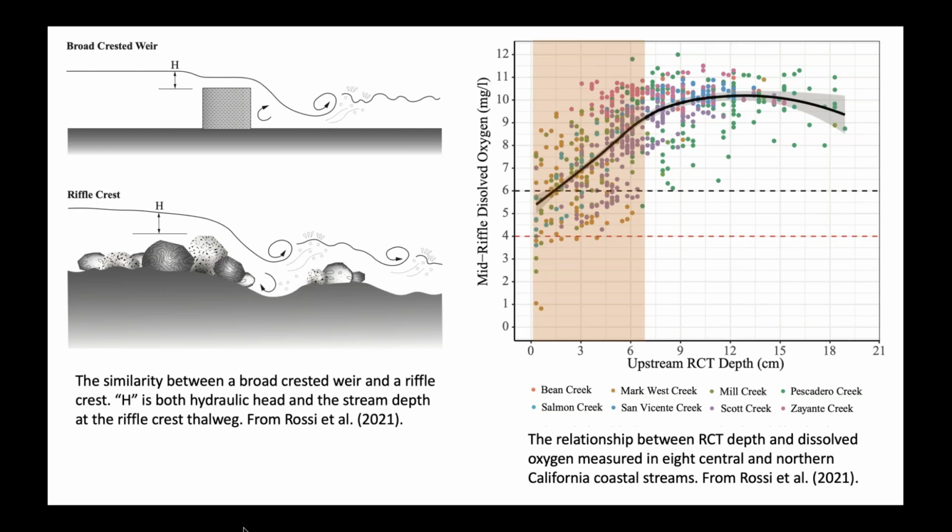Digging into the mechanisms of this is kind of beyond the scope of my talk. It's probably a very complex set of mechanisms, but a lot of it probably has to do with turnover rate and residence time of water where it's interacting with biological agents in the stream. So at higher flows, there's lower residence time and less interaction between the moving water and the biological agents that affect dissolved oxygen.